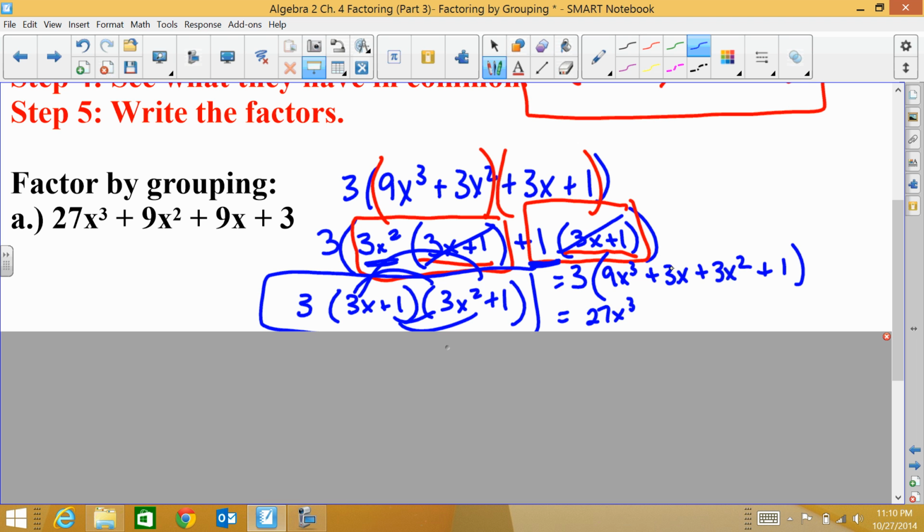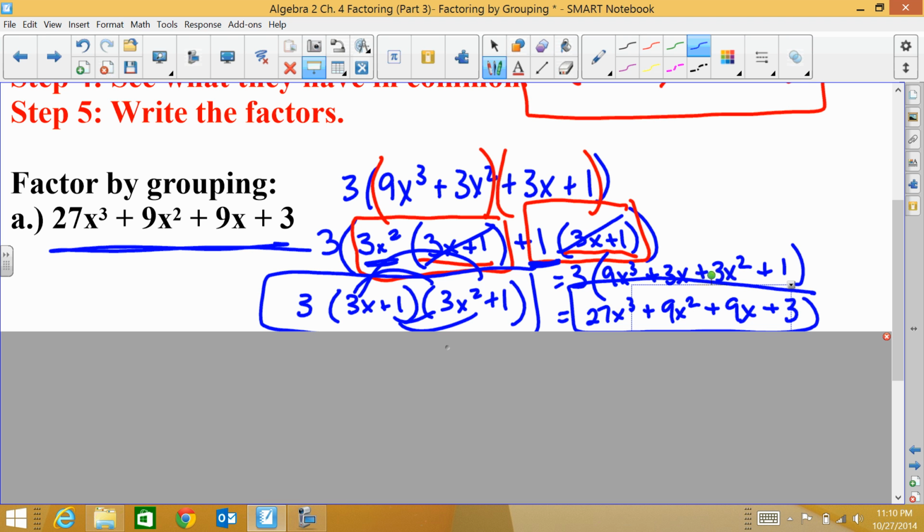So 3 times 3x squared would be 9x squared. Then 3 times 3x would be 9x. And then 3 times 1 would be 3. So I get what I started with. So if you're ever not sure, just go ahead and multiply it out and you can check.